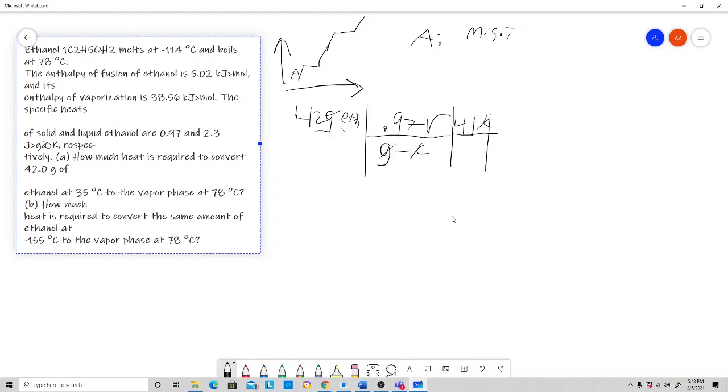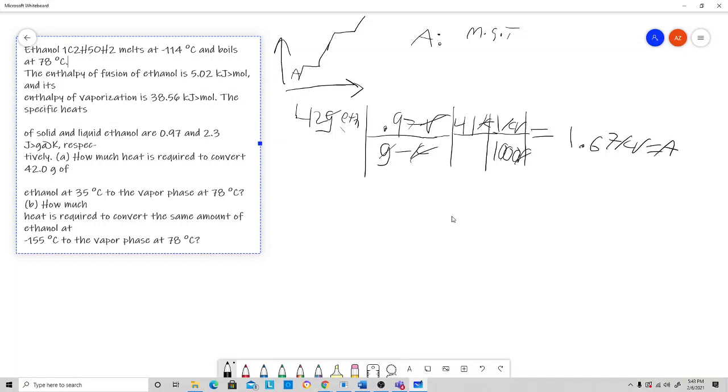And eventually we want it in kilojoules, so let's convert that. There's 1,000 joules in 1 kilojoule. So we see that these units canceled, and we're just left with kilojoules, and that will get us an answer of 1.67 kilojoules for part A.